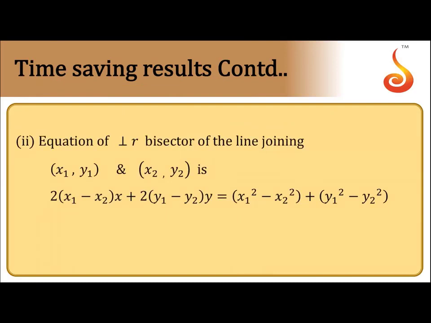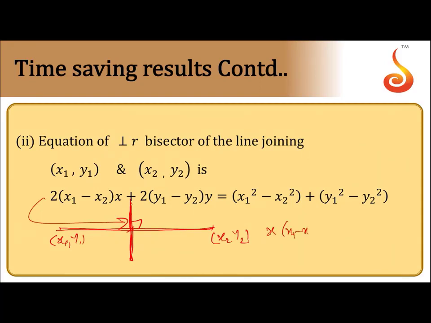The concept is the perpendicular bisector formula. It means the equation of the line passing through the midpoint of the line joining (x1, y1) and (x2, y2) and perpendicular to it is given by this formula.